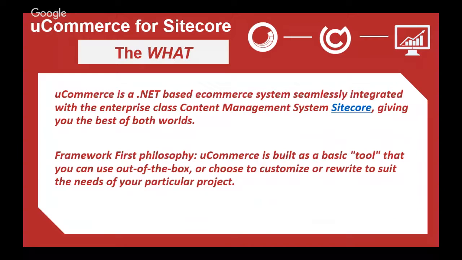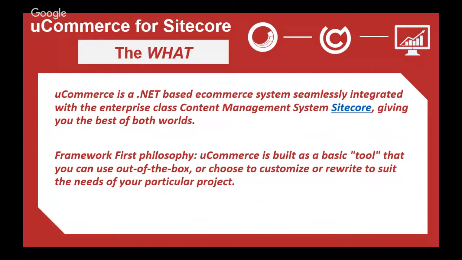I know it's going to be tricky because this is one of the, I'm not going to say downfalls, but I'll say more challenging for content editors to go to the uCommerce interface, define products and all product information from the uCommerce interface, and then go back to Sitecore and use these products.